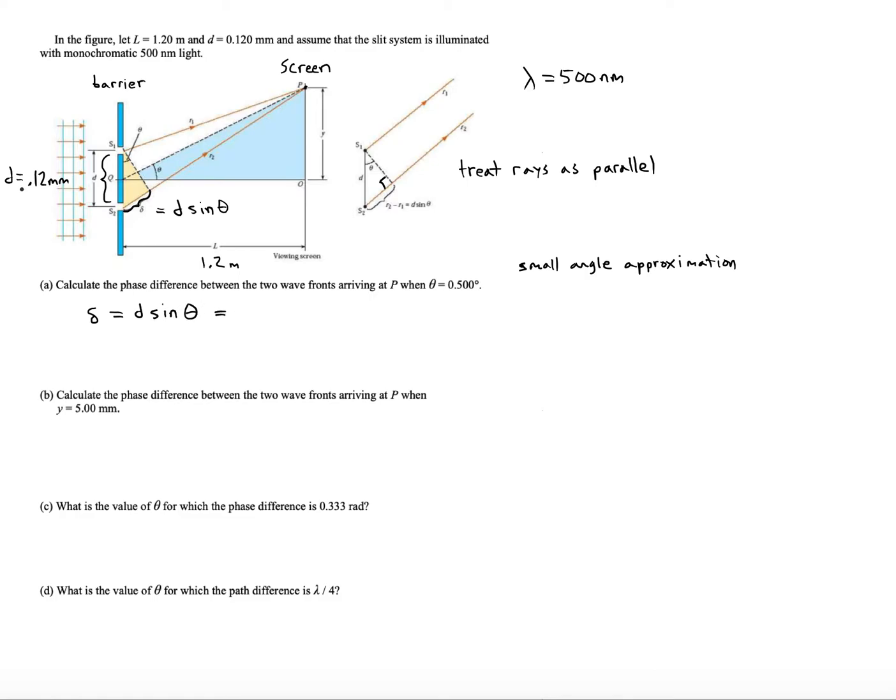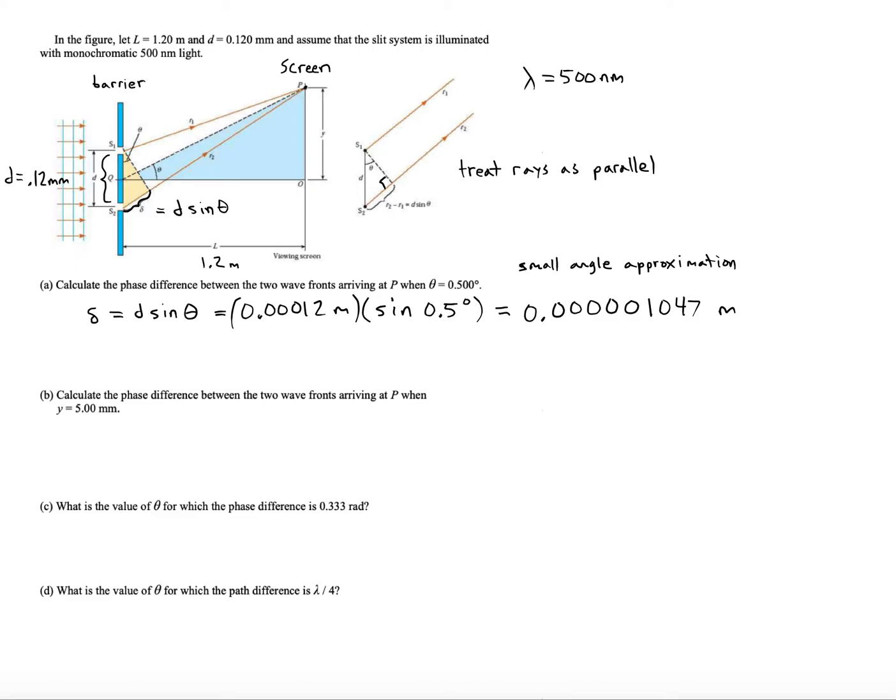So let's plug in our distance between slits, and then we'll multiply by the sine of 0.5 degrees. Let's see what we get there. I get that the path length difference is 0.000001047 meters.